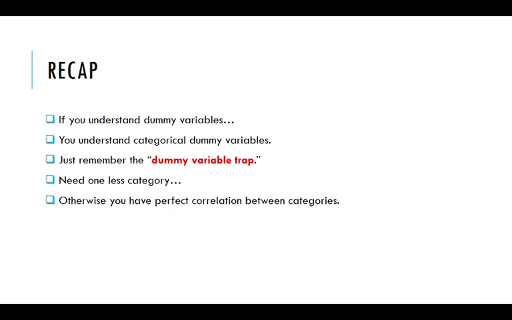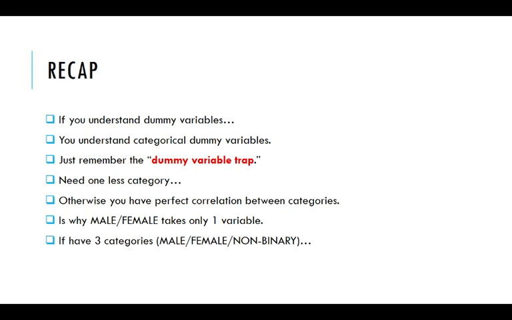You cannot run a model that has two variables that are perfectly correlated. So that's why, again, male, female, we only needed one variable. And if we have three categories instead, maybe instead of just male, female, I want to give people the option to say I'm male, I'm female, or I'm non-binary. If I have three categories, then I need two out of the three. And you should think carefully about which one should be the omitted category.